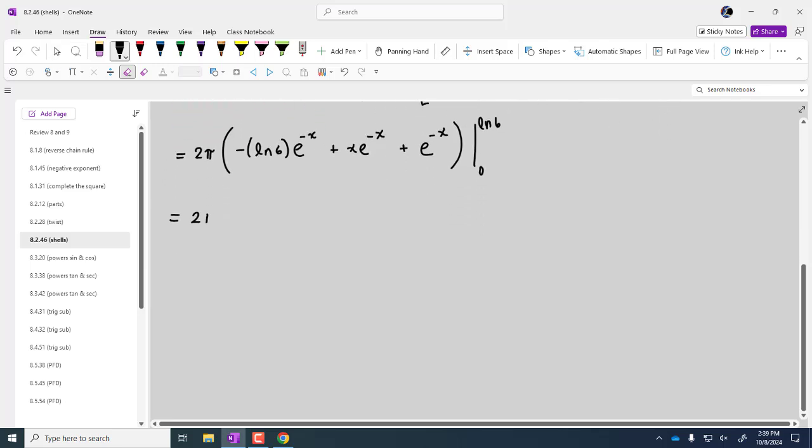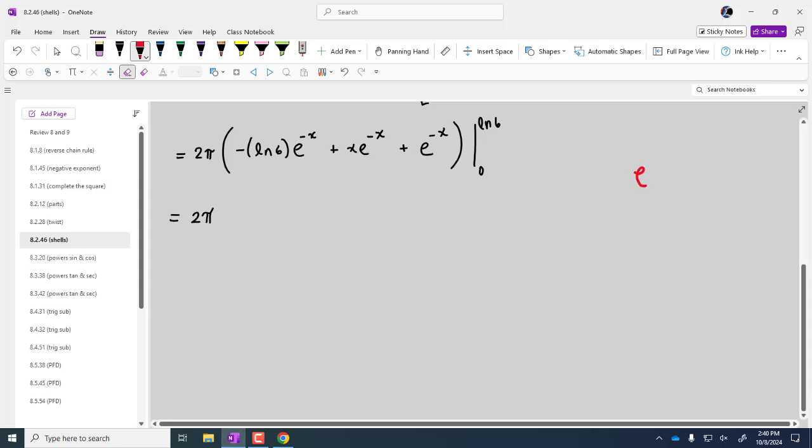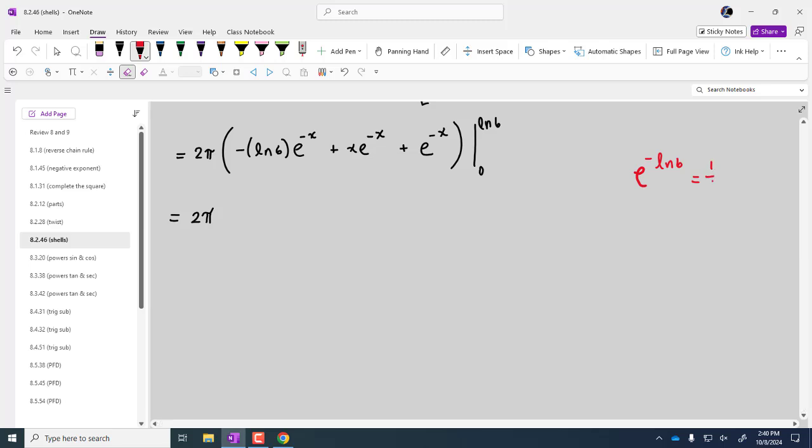So we'll do the natural log of 6 first. Is everybody seeing that e to the minus ln of 6, does everybody see that this is 1/6? Is that obvious? Two ways you could do it.